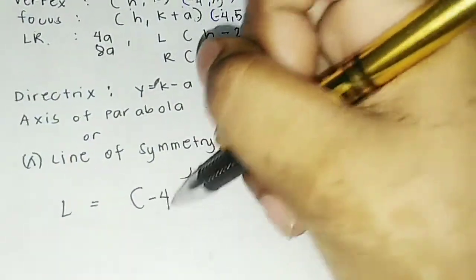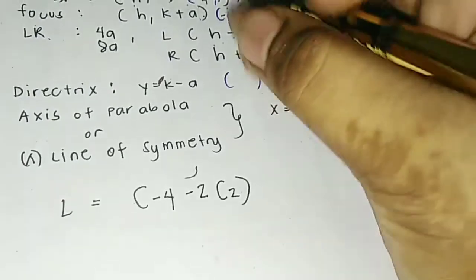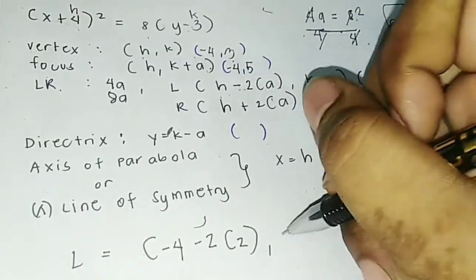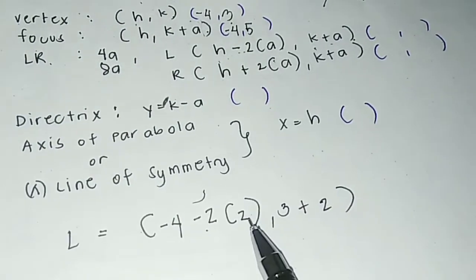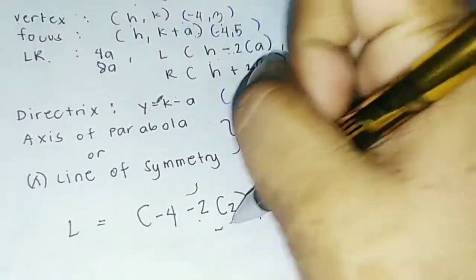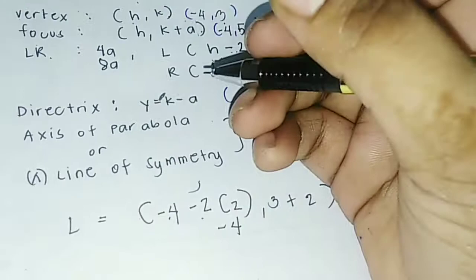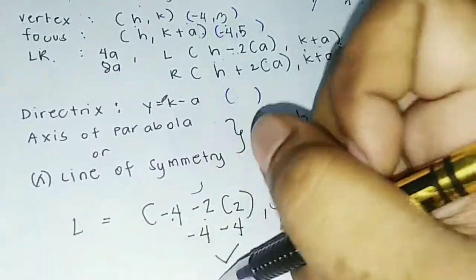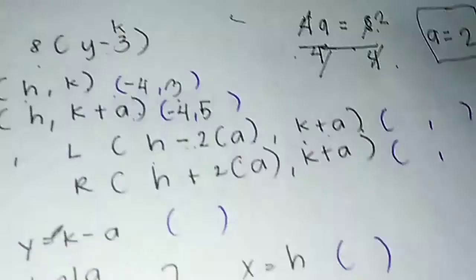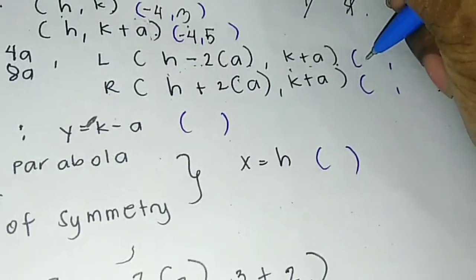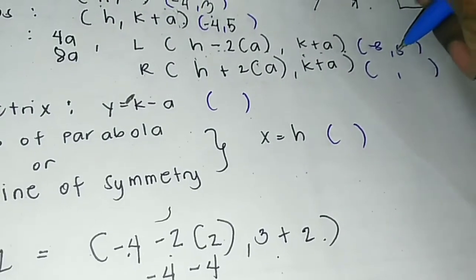So, L is equals to h, negative 4 minus 2 times 2, tapos k, 3 plus 2. So, negative 2 times 2 is negative 4 plus or minus negative 4. So, magiging addition, magiging negative 8 and 3 plus 2 is 5. So, ang ating left ay negative 8 and 5.